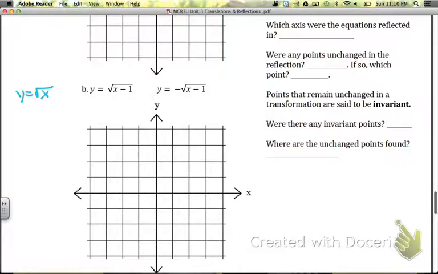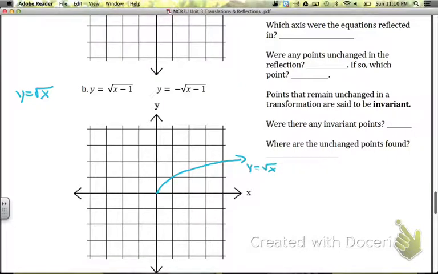That will be at 0, 0, 1, 1, and 4, 2. If you know how to graph it without having to graph our base function, please go ahead and do so. So that's just our y equals the root of x.